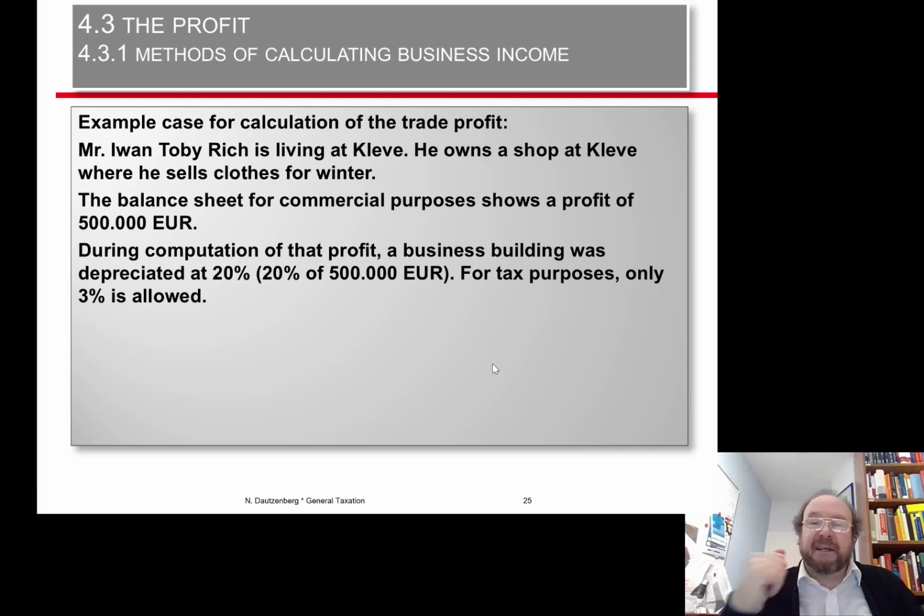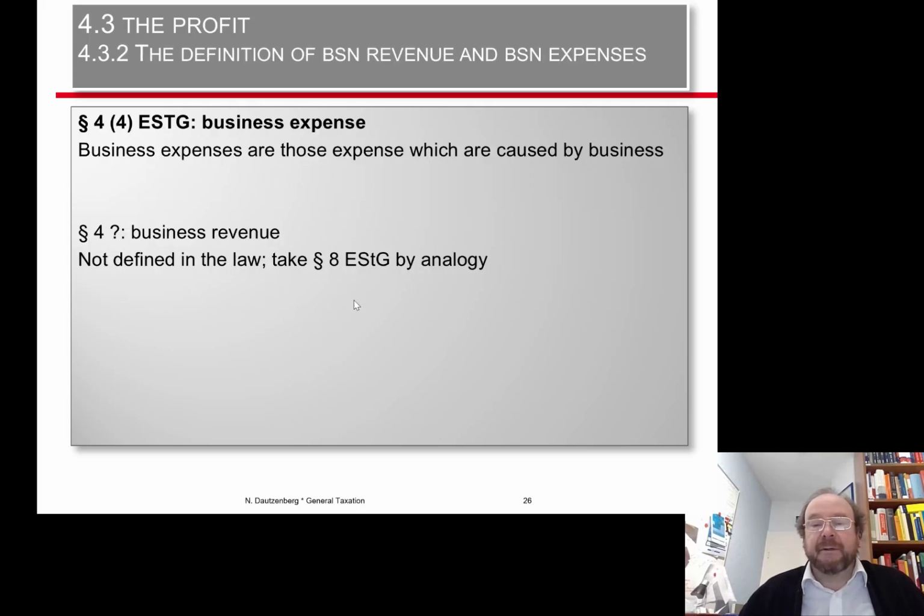Well, just by adding up plus 85,000, and that would lead us to a total tax profit of 500,000 plus 85,000 for correction. So our taxable profit will be 585,000. By the way, naturally under the assumption that all the other expenses and revenues can remain uncorrected. That will not be the case in a real life case, but in our case, that is the case.